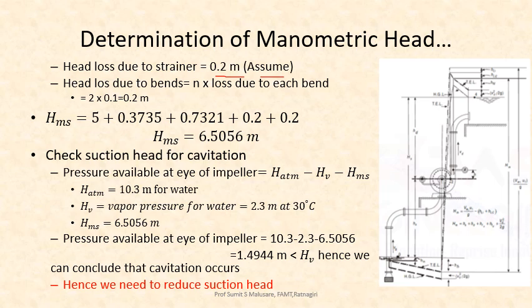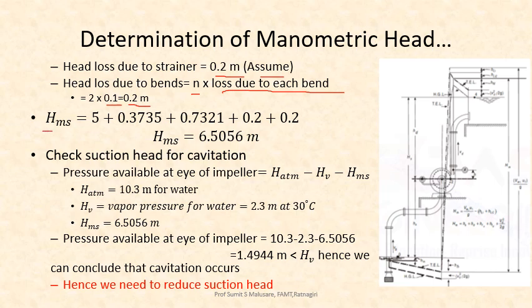Next, head loss due to the bends, where n is the number of bends into the loss due to each bend. Here I have assumed the loss due to each bend as 0.1 meters. So 2 into 0.1, losses due to the bends come out to be 0.2 meters. Again, you can assume a lesser loss due to the bends, that is 0.05 or 0.02 meters also.